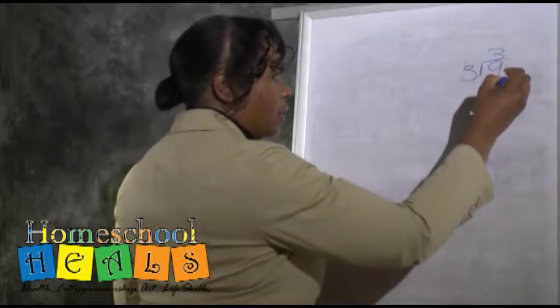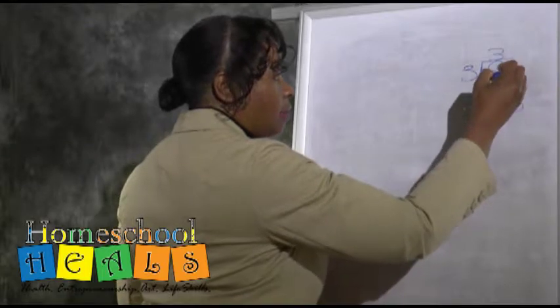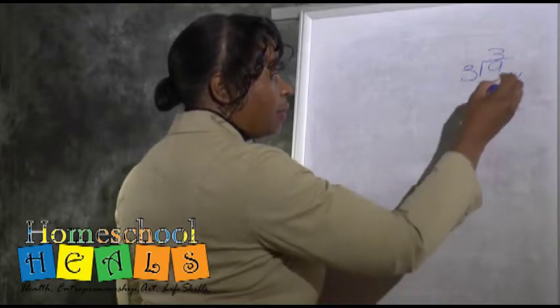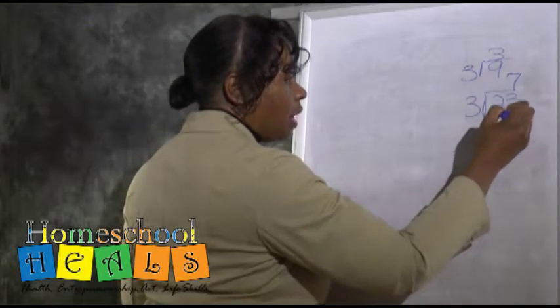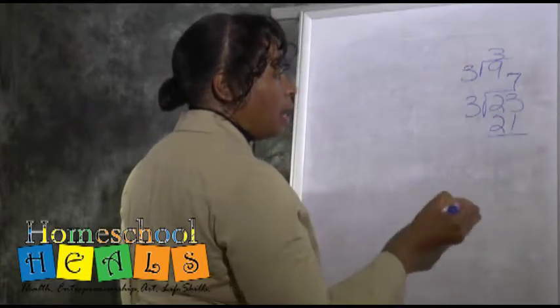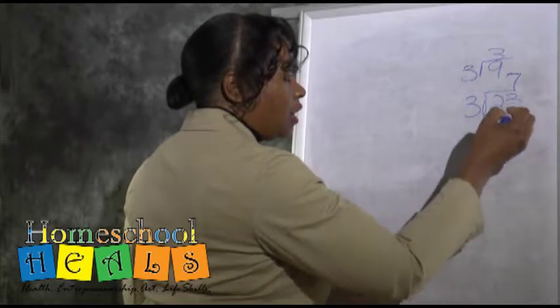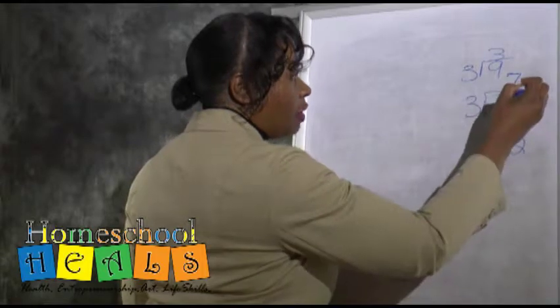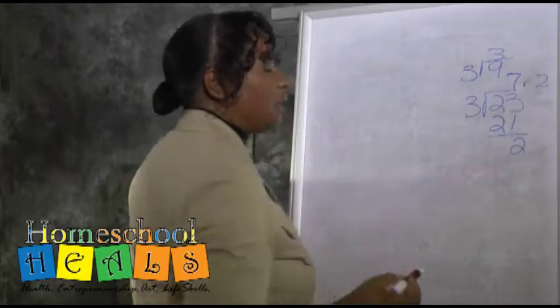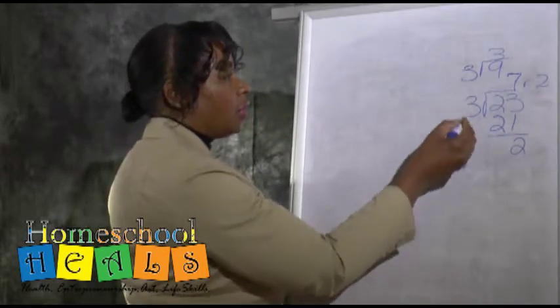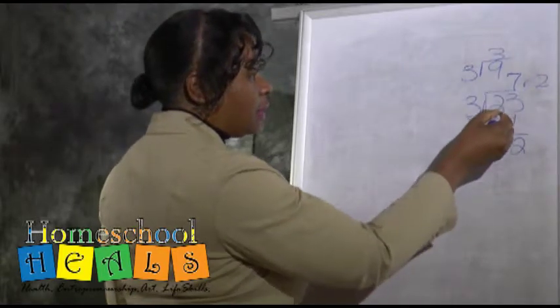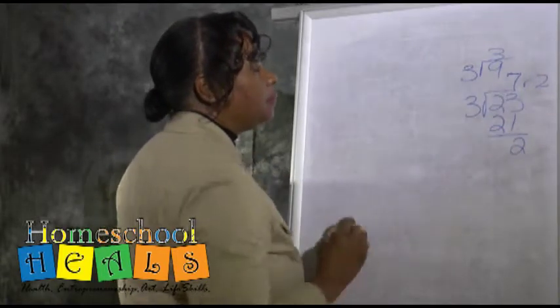So it would be 7 is the biggest number we can come up with because 3 times 7 is 21. You would subtract that, 21, and you would get a 2. So you have a remainder 2. So that's how you would do it with a single digit. It doesn't matter. You just still have to keep these numbers lined up.